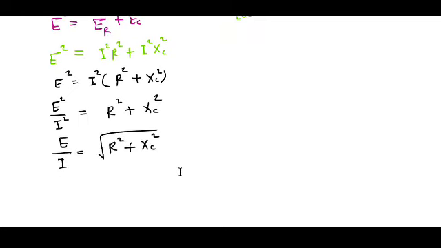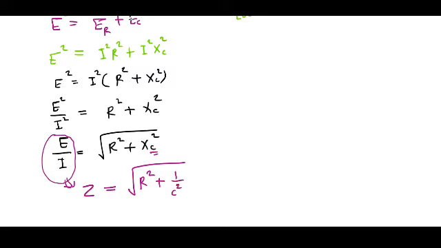This E by I, that is E by Z, is the total resistance offered by the RC circuit to the flow of AC. That is, we can say the impedance of the circuit Z is equal to root of R square plus, instead of this Xc, we can substitute 1 by C omega, so Xc square means 1 by C square omega square.